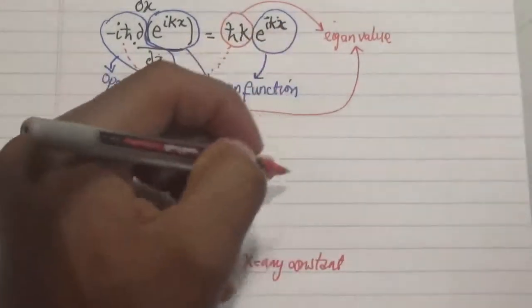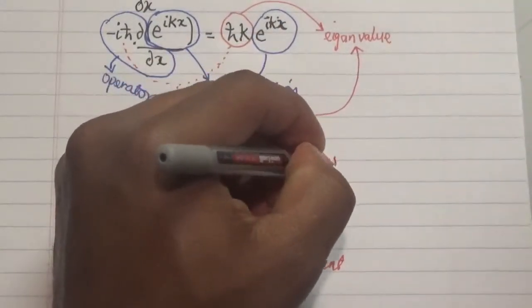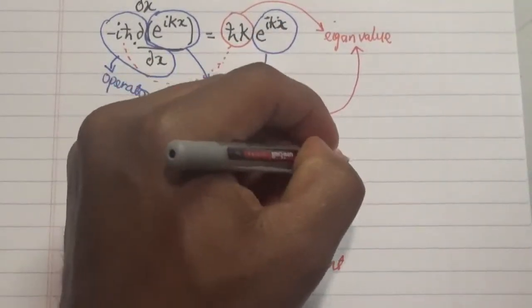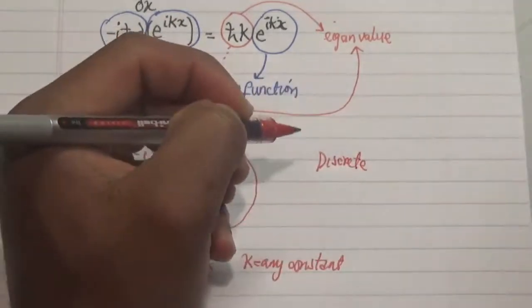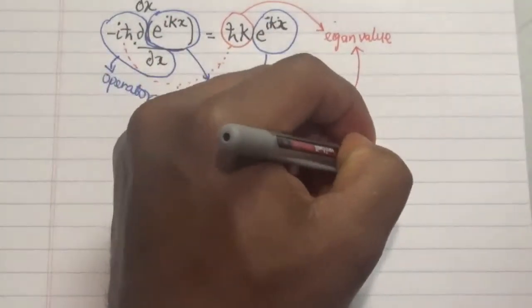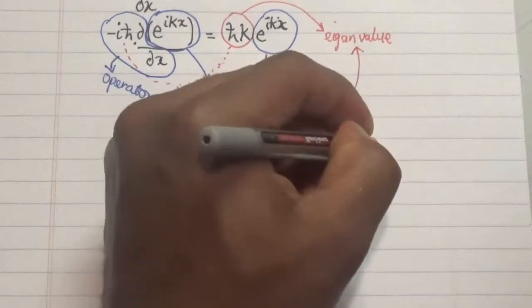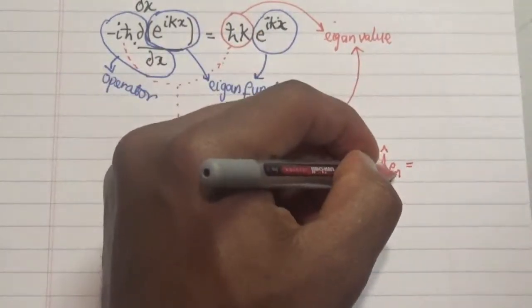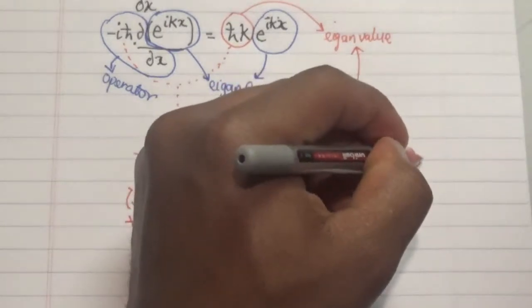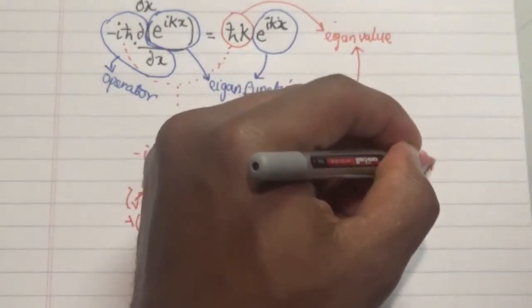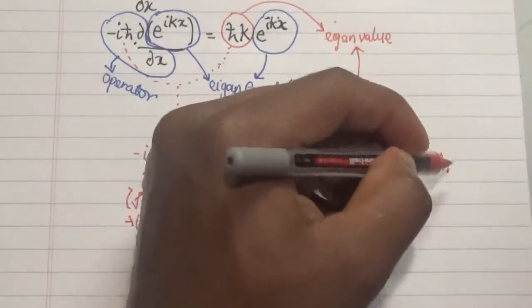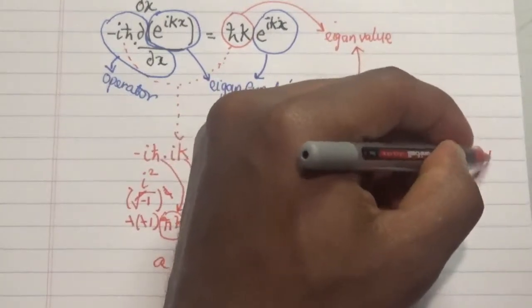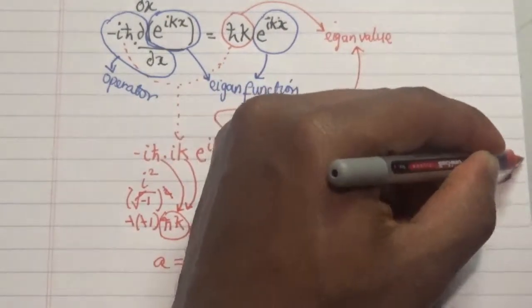For a discrete operator, we have A, our operator, multiplied by Fn, equal to An Fn, where n equals 1, 2, 3, and so on.